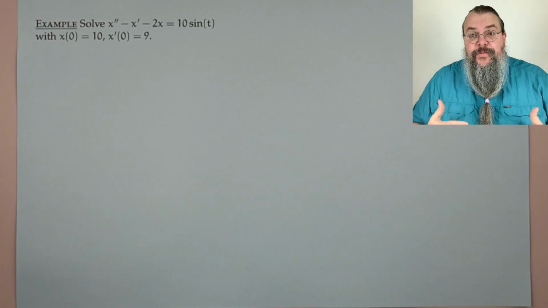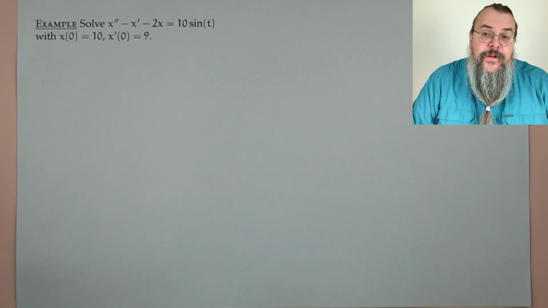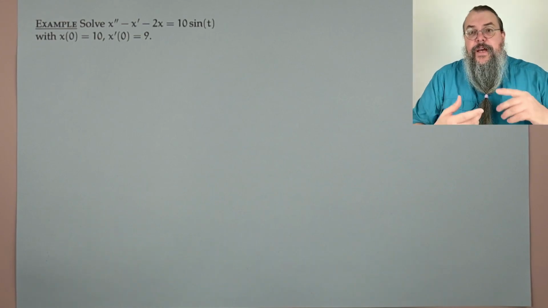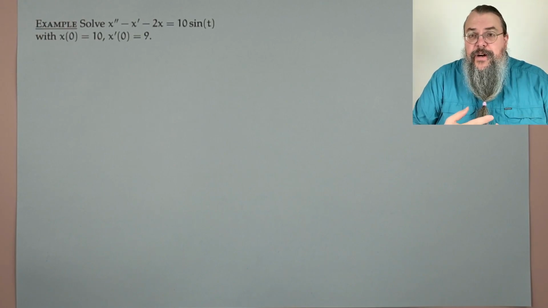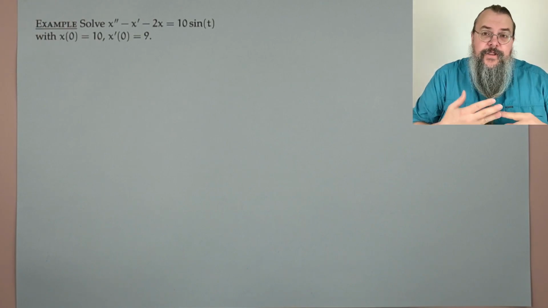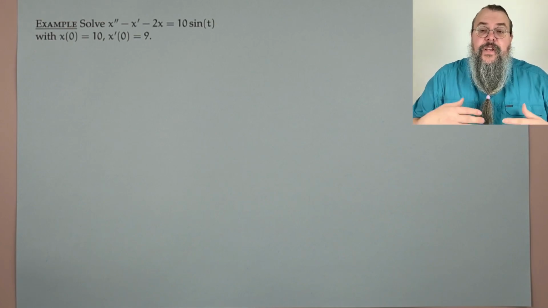We could do this by other means. This is something we could have solved in the first part of the course, but we'd have to solve the homogeneous part, solve the particular part by undetermined coefficients, find the general form, and then use the initial conditions to solve for constants.